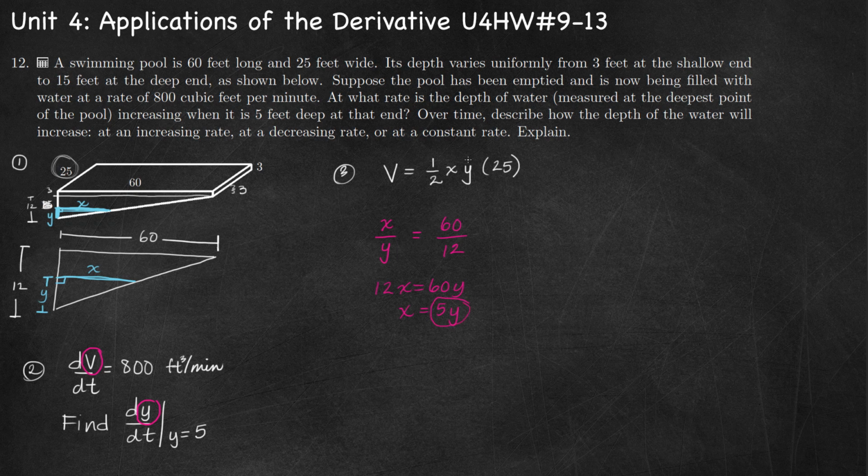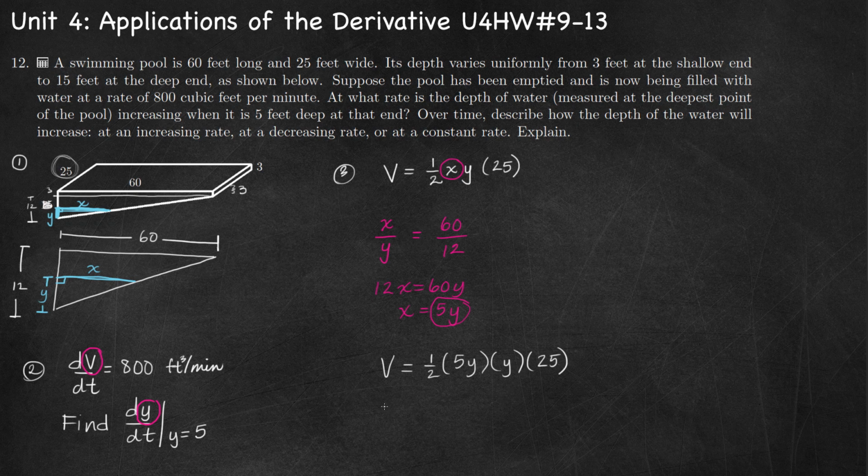I can substitute that into my equation for x. I can make that substitution now. So my volume equation then becomes 1/2 times 5y times y times 25. Now I only have the variables v and y. That's going to make my derivative a lot easier, but I still don't want to take the derivative just yet, or I'd have to use product rule.